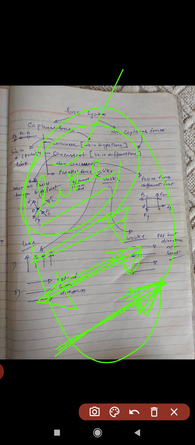And when the direction is opposite, not the same, we call them unlike parallel forces. The forces are parallel and on the same plane, that is coplanar, but the directions are opposite, so we call them unlike forces.